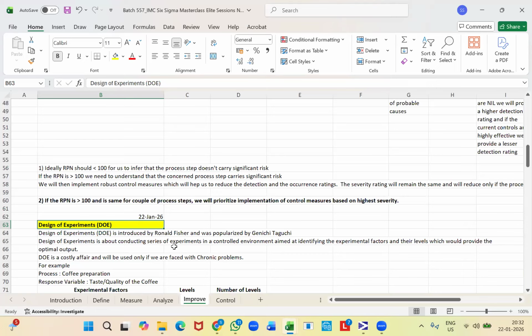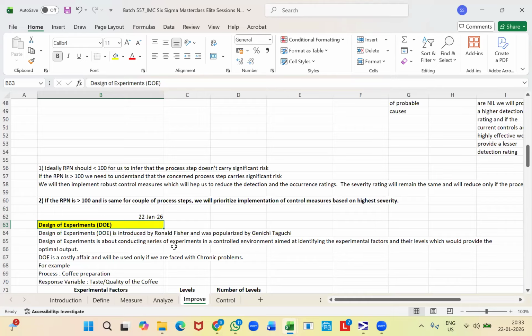In the same way, we will consider the process related factors and mix and match them at predetermined levels, and try to find out which combination of factors and levels provides the best possible output. That is exactly what we do in design of experiments.